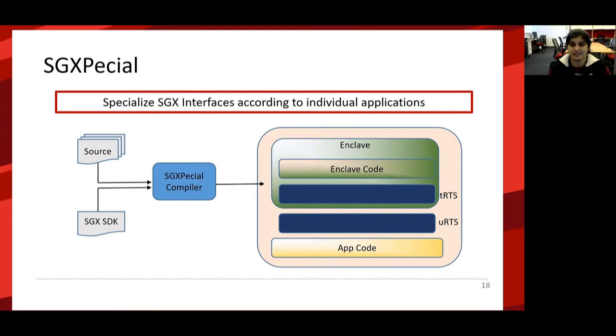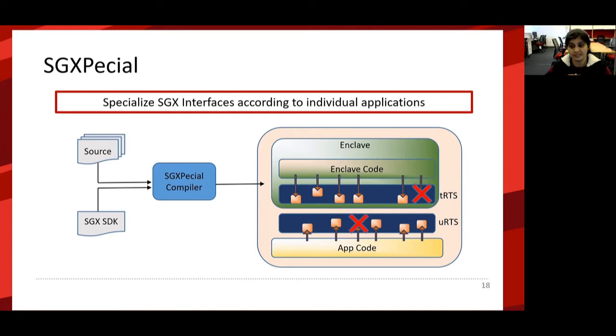The URTS and the TRTS only allow specific functions to be accessed from within the enclave and from the application. Any attempt to use other functions which were not part of this original specialized runtime systems leads to the function calls being blocked.